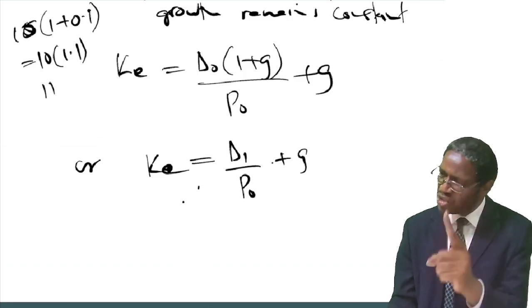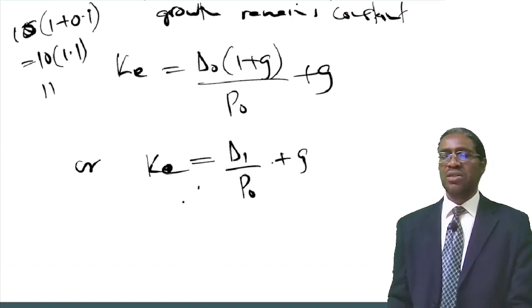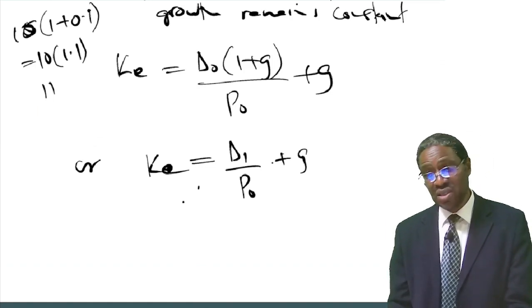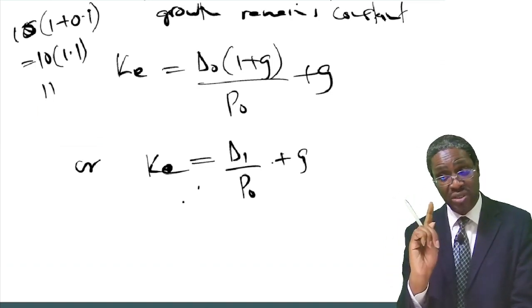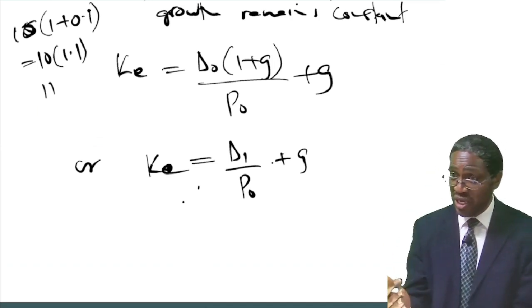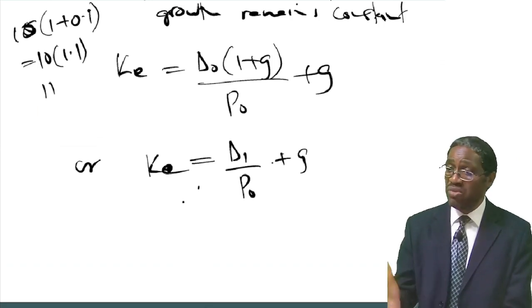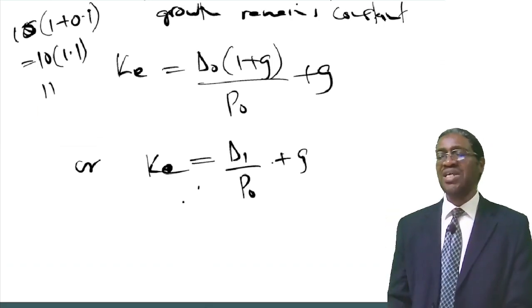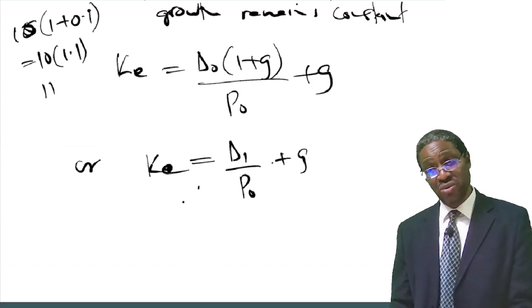But if the question tells you the expected dividend is 7, that becomes your D1. I hope you are getting my point. So there are times you may be required to use the first formula, or there may be a time you may be required to use the second formula, depending on the information the examiner has given you.